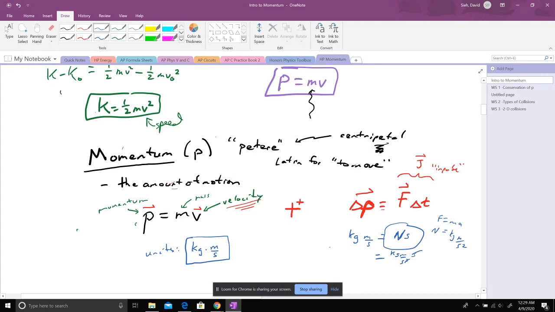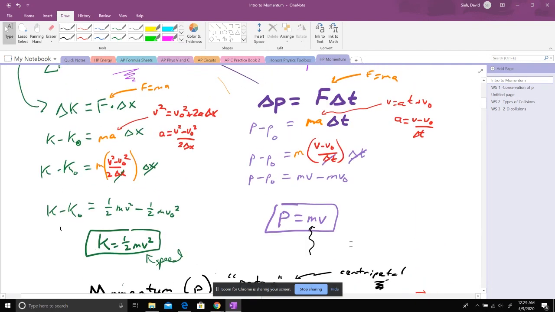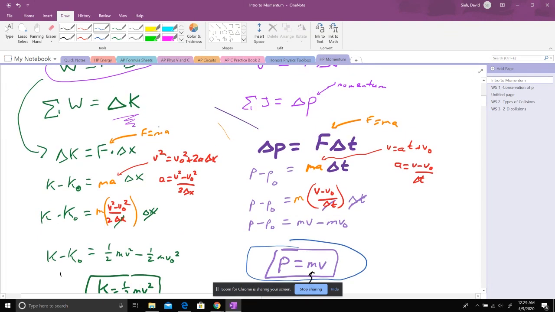I think that'll do it for the first little intro. But recognize that besides the formula saying that momentum p is m times v, the other thing that's really important here is this: in the energy unit, what was the central formula?